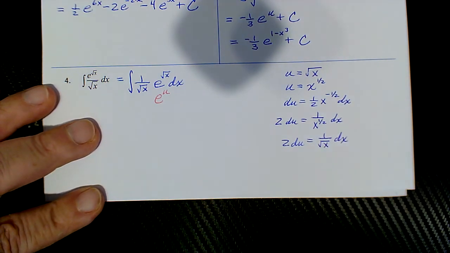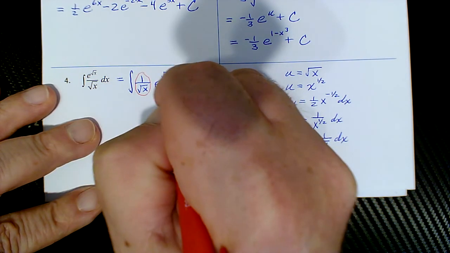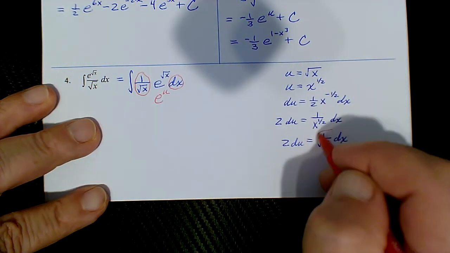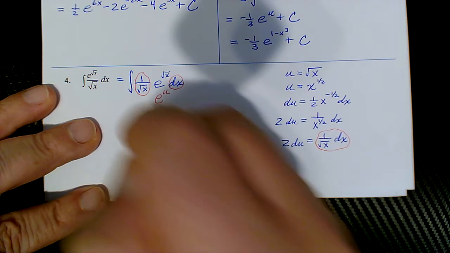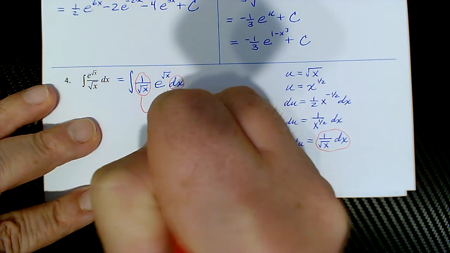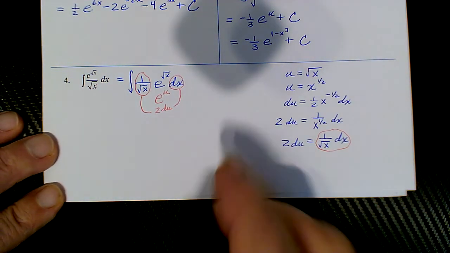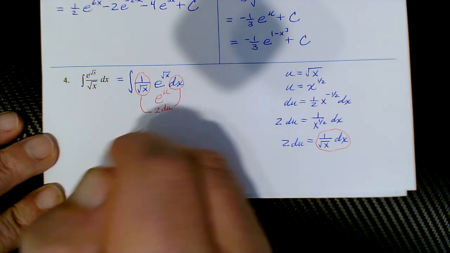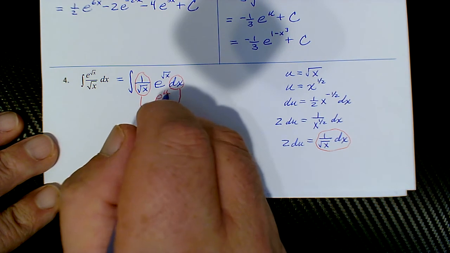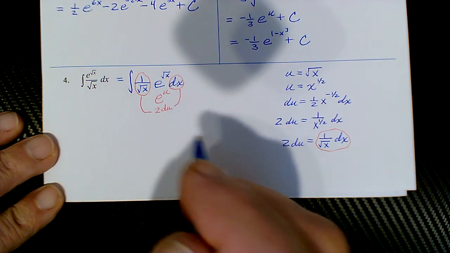And now reflecting back on the integral, you see that the leftovers, 1 over the square root of x and the differential dx, do in fact match our du here, just modified by the 2. So replace those by 2 du. And all factors are accounted for, because we were shooting for the form e to the u, by choosing u to be the square root of x.